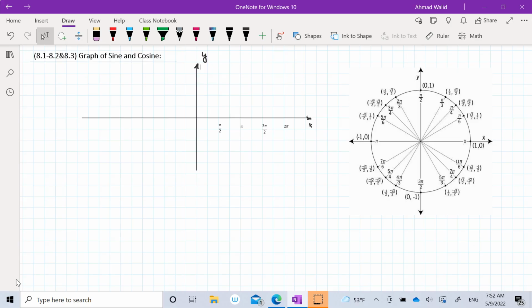In your book they immediately jumped to the phase change, but in these lectures, I will start with vertical shift. I will start with the vertical stretch or compress. Then we go slowly and add the phase shift or horizontal shift, which we call phase shift in trigonometry. Anyway, let's start with graph of sine and cosine.